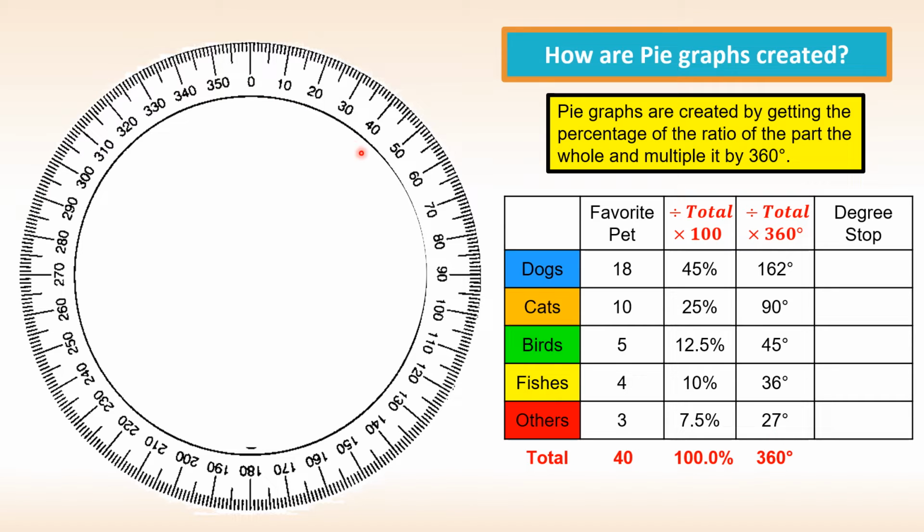In order for us to know where to start and where to end, we need to find the degree stop. The degree stop is derived by adding the angles accurately.